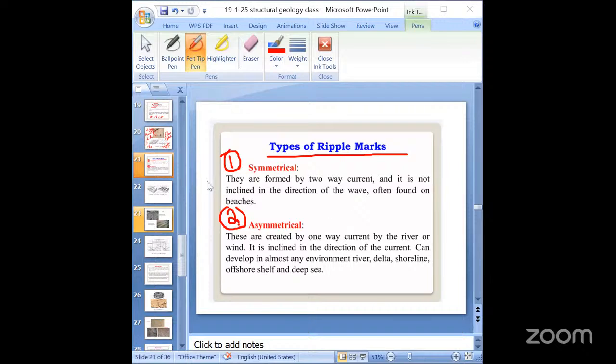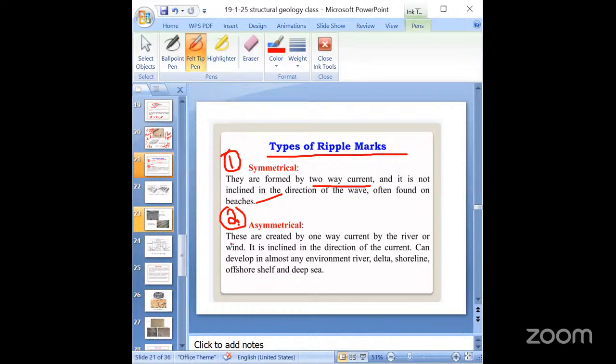Symmetrical means they are formed by two-way current, and it is not inclined in the direction of the wave, often found on beaches. So that is called symmetrical ripple marks.